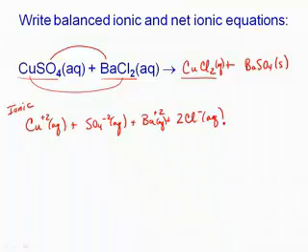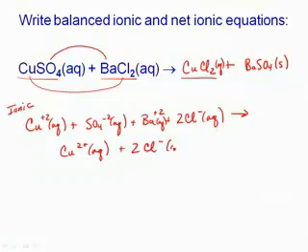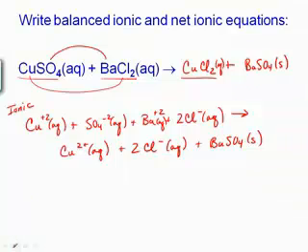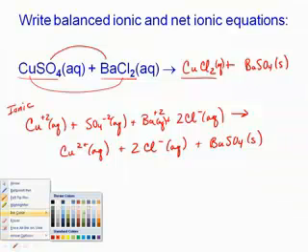My products are going to be, I'll write them down here, the copper, the 2 chlorides, and the barium sulfate, which stays together because it's a precipitate. Then I want to mark out my spectators.